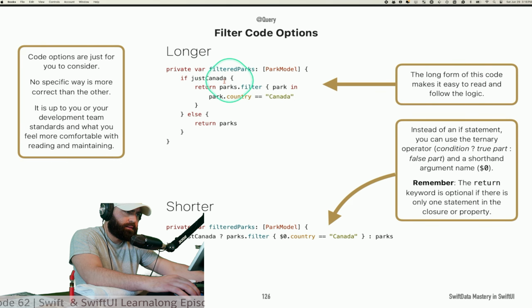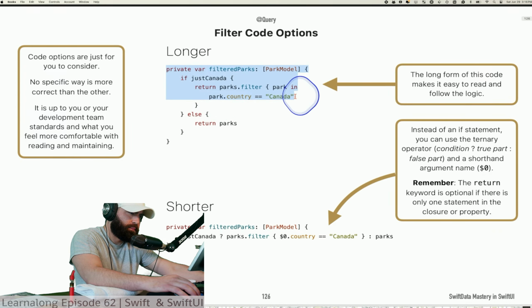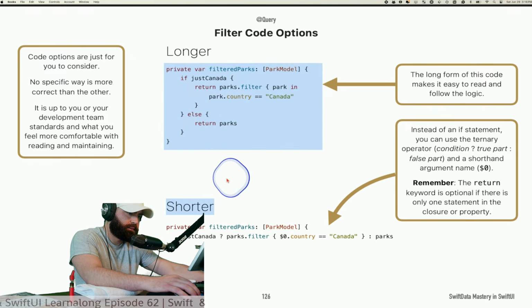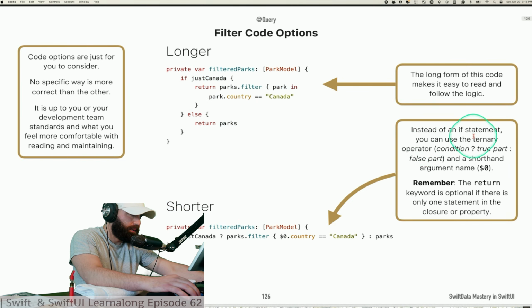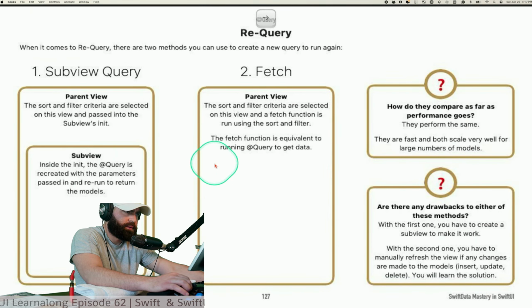If just Canada is set to true, then return the filtered set of parks where the country property is equal to Canada. Otherwise, return the entire list of parks. And then the shorter version, instead of an if statement, you can use the ternary operator and shorthand argument. Remember, the return keyword is optional. Okay, I guess they're just reiterating here. Looks a lot like what we were shown earlier.